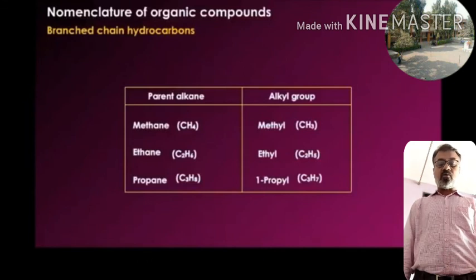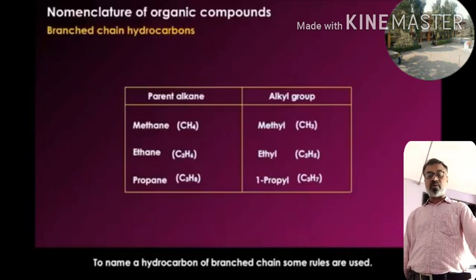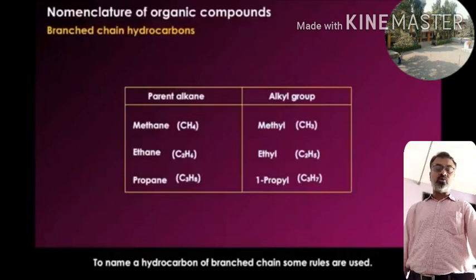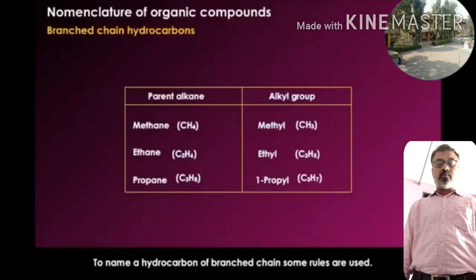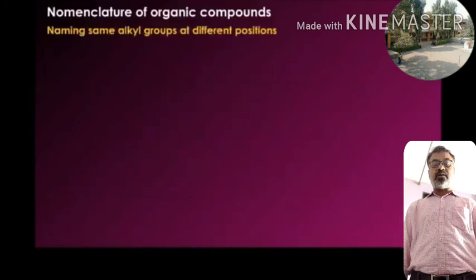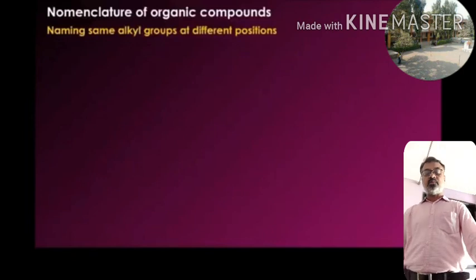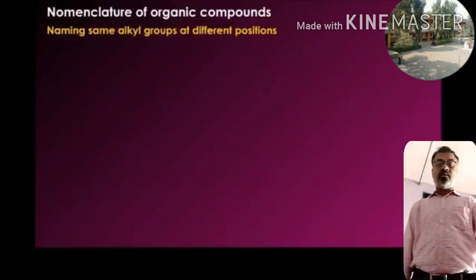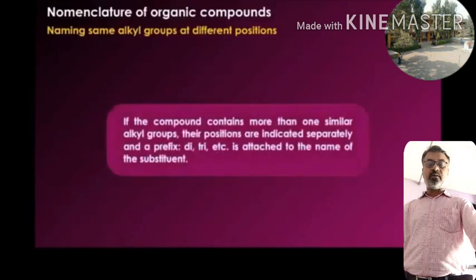Some rules are used for naming branched chain hydrocarbons. Naming the same alkyl groups at different positions. If alkyl groups are present in the carbon skeleton, how do we name them?